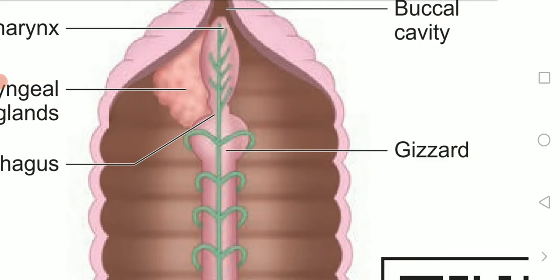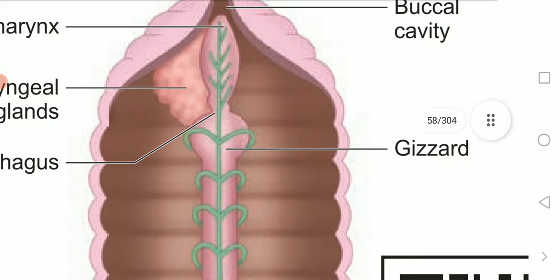It is present in the sixth segment. What is the use of the gizzard? The gizzard helps in grinding soil particles and decaying leaves. So the gizzard has a very important role in the digestion process. What is the food for the earthworm? They eat soil only.